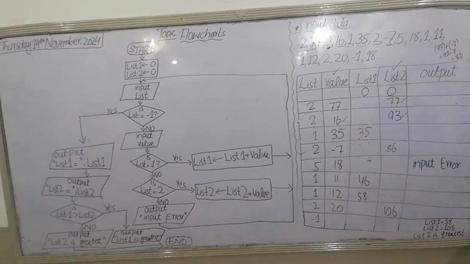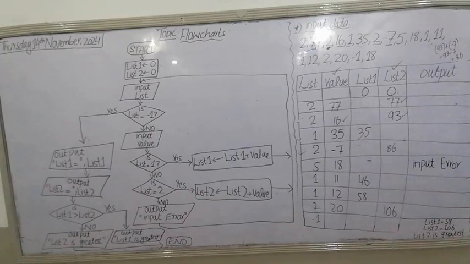So after adding both the values of the variables list 2 plus value, we have to store this digit 86 in the variable called list 2, right? Let's move to the next step.